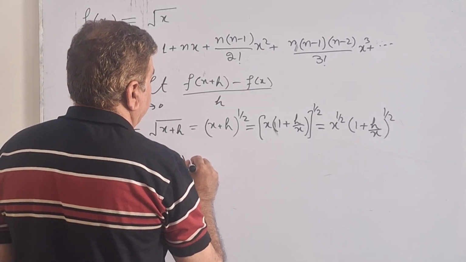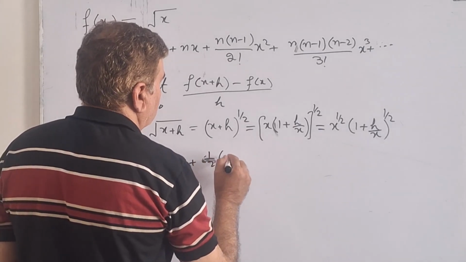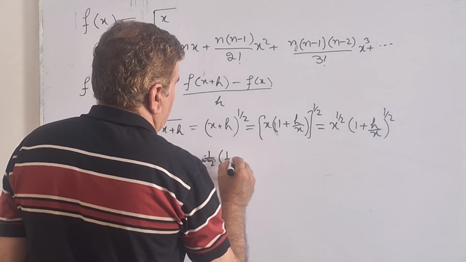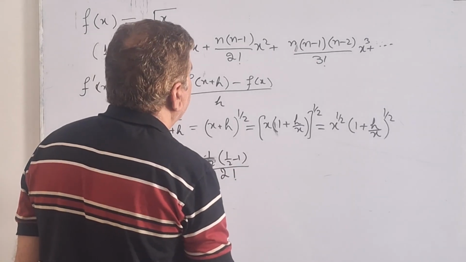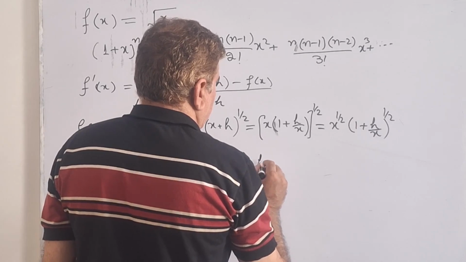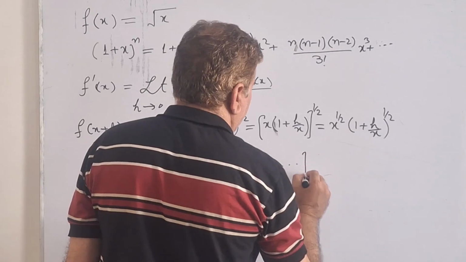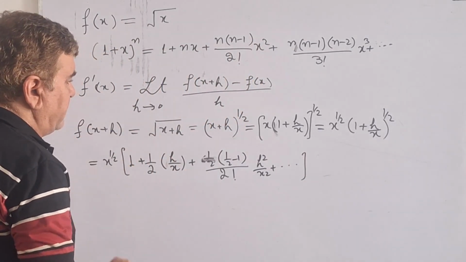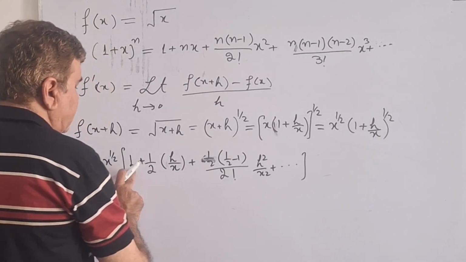Then plus n, that is half into (half minus 1) divided by 2 factorial into h squared divided by x squared, and plus so on. I don't need to write the other parts. These three parts are sufficient for our purpose. That means I can separate this term.